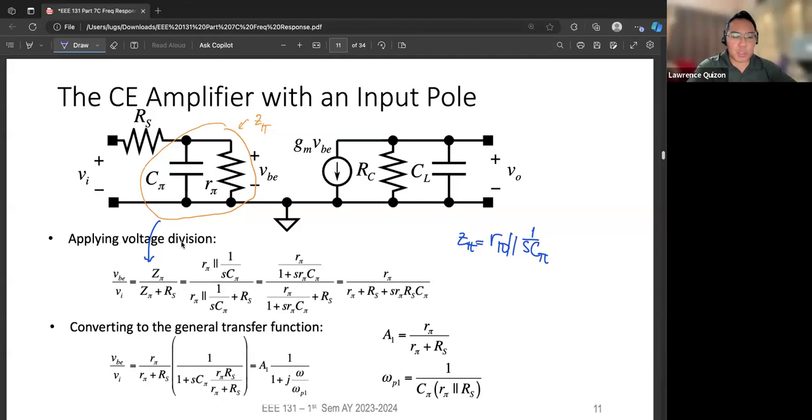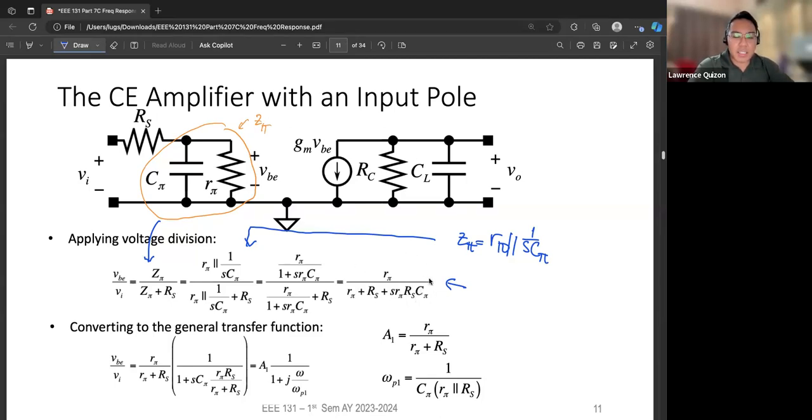That's the ratio between VBE and Vin, because VBE is Vin times the voltage divider. So, giving back what Z pi is supposed to be with this equation, we can solve for the gain of that side of the circuit. We find that this is R pi over R pi plus RS plus S R pi RS C pi.